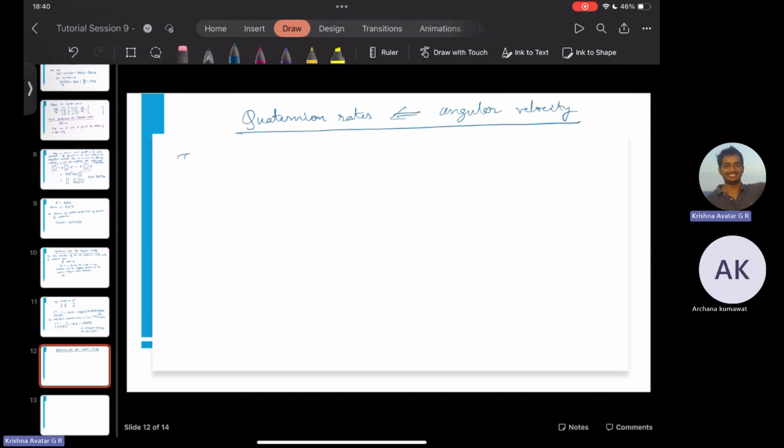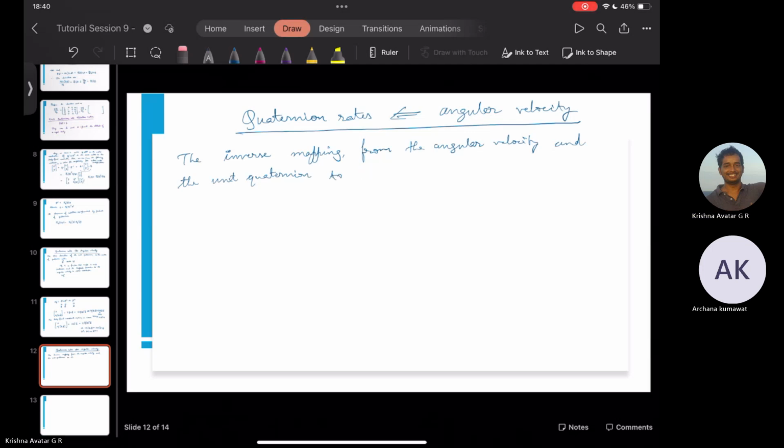So here is the inverse mapping from the angular velocity and the unit quaternion to the quaternion rates. So this is what we are talking about.